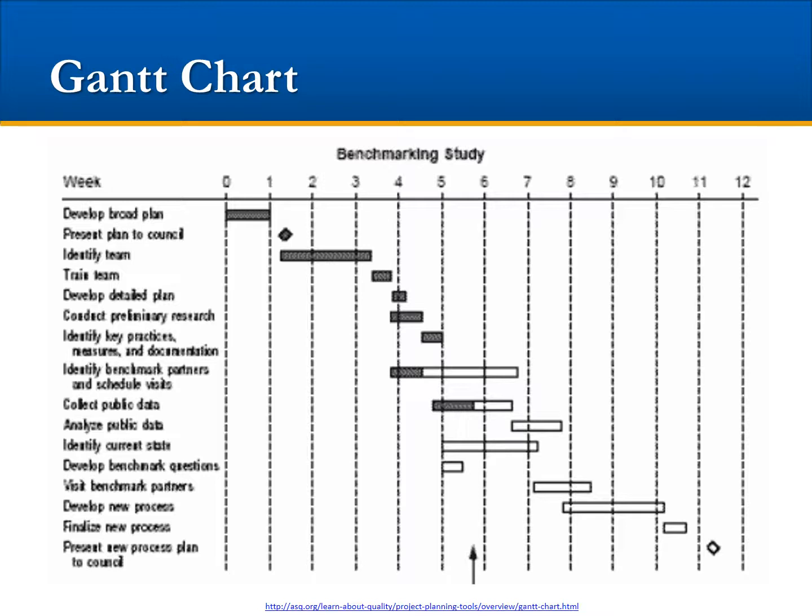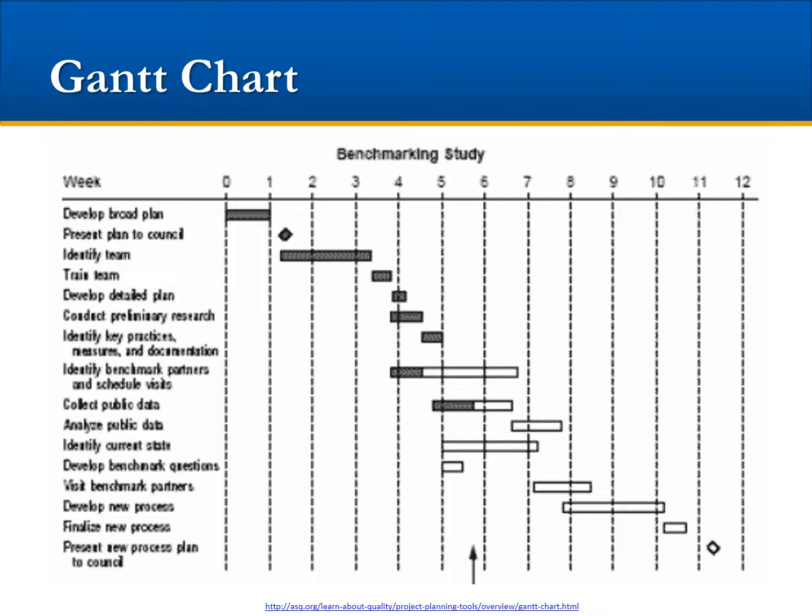Well, it's the diamonds: present plan to council, and present new process plan to council. The rest of the tasks are activities that stretch over periods of time. The arrow at the bottom indicates where we are at with the project. The project in time would be towards the end of the 5th week.